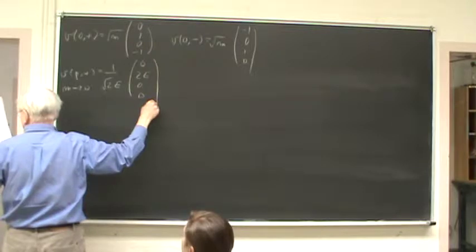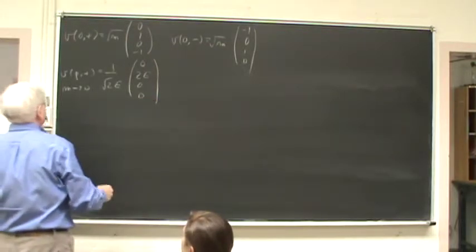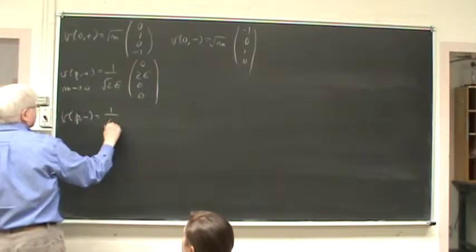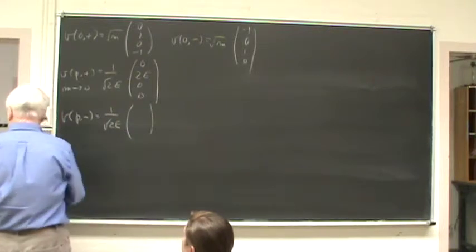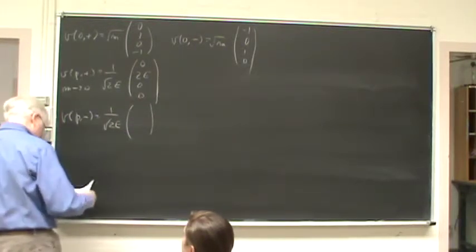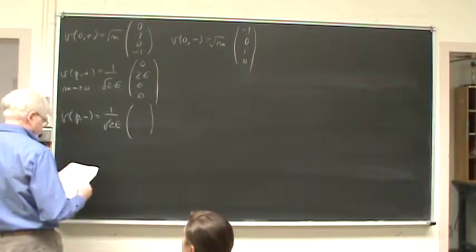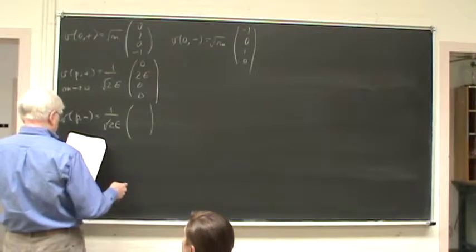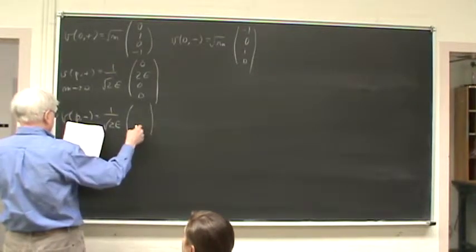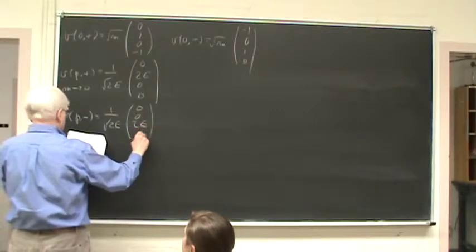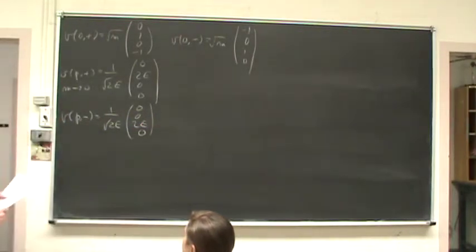Do I have that right? Yes. And V of p minus is 1 over square root of 2E times (0, 0, 2E, 0).